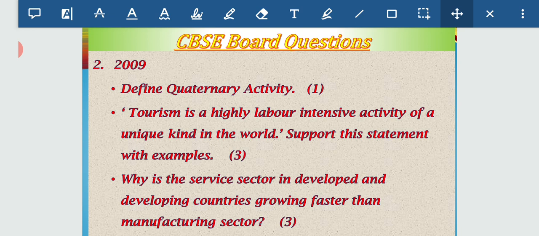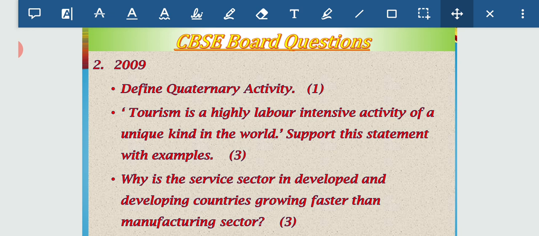Here it is a very highly sophisticated technology where very few people are needed, with the high sophisticated machines and the high technological skills.